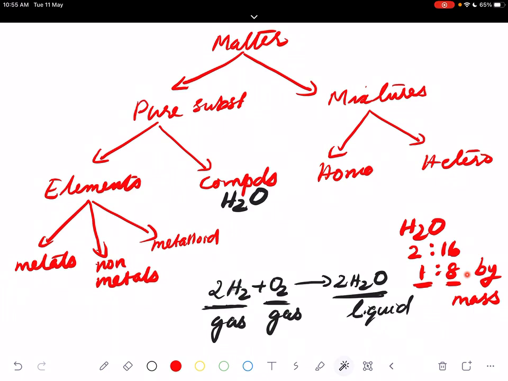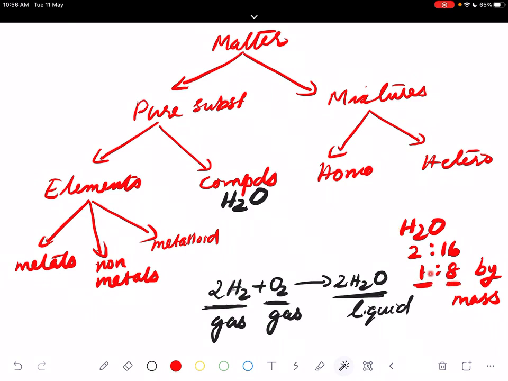Whatever may be the source of water, the same compound always contains the same elements. You can take water from rain, river, sea, well, or lake. In pure water from any source, the two elements are present in the same fixed ratio by mass, that is 1 is to 8.